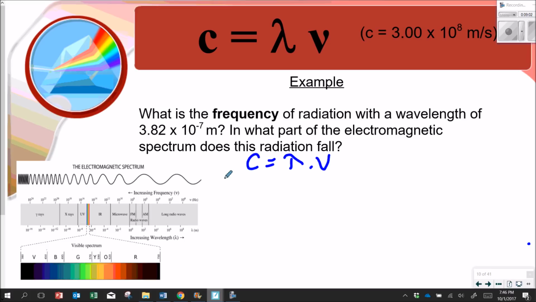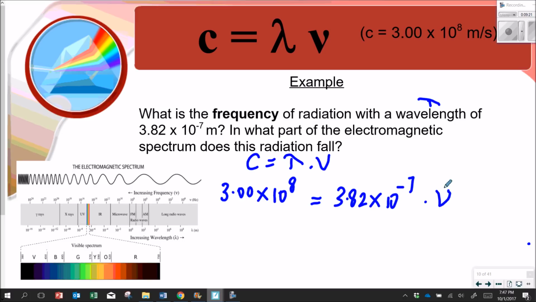We know that the value for c is 3.00 times 10 to the 8 equals the wavelength, which is lambda, is 3.82 times 10 to the -7, and we don't have the frequency v.